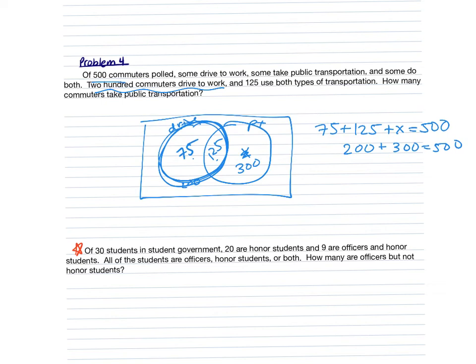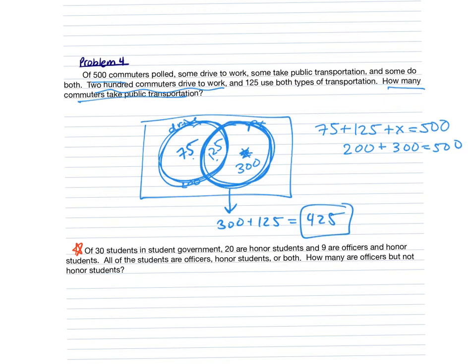Except for, wait, this is saying how many commuters take public transportation, so it would include both. Okay, so 300 take public transportation only, but the number who take public transportation is going to be 300 plus 125, which is 425. I'm going to check the book and see if that's the right answer.